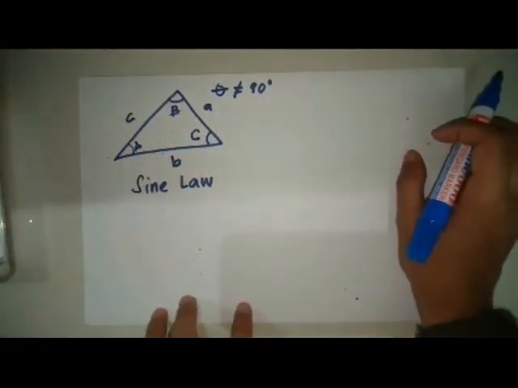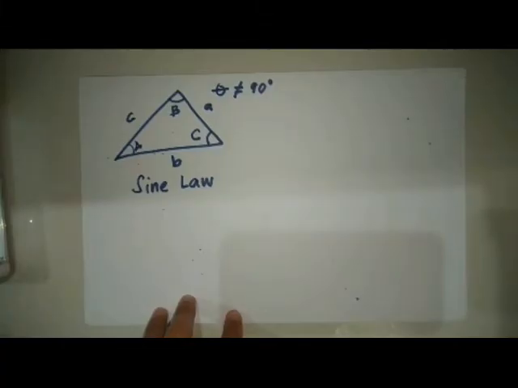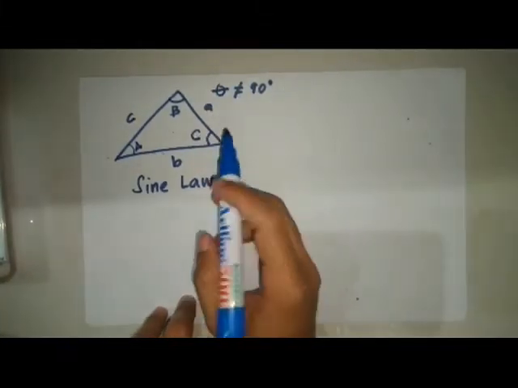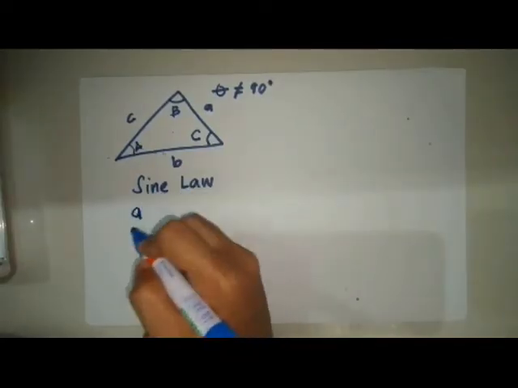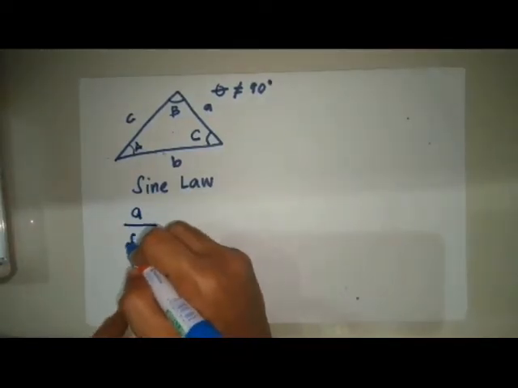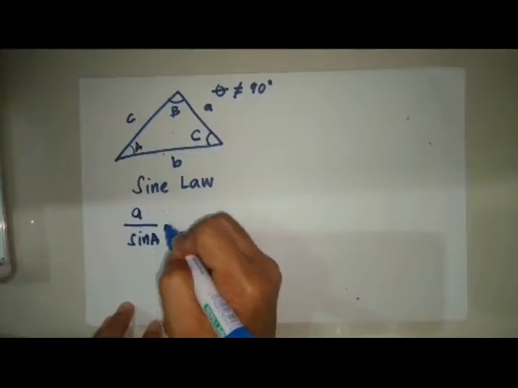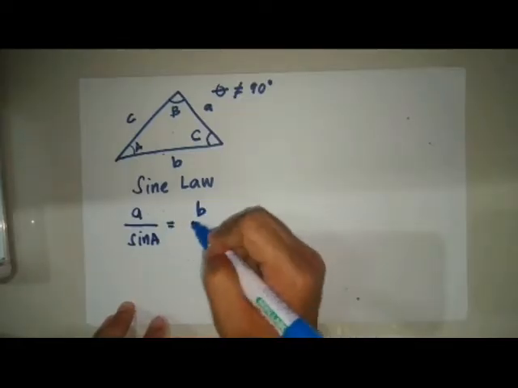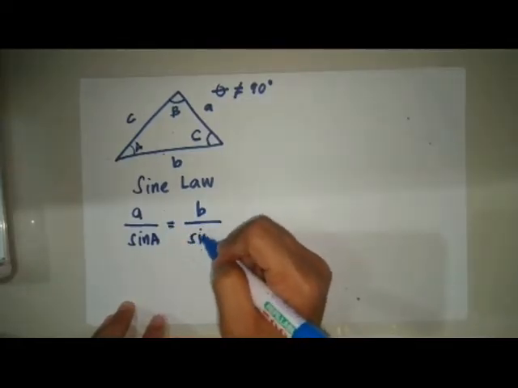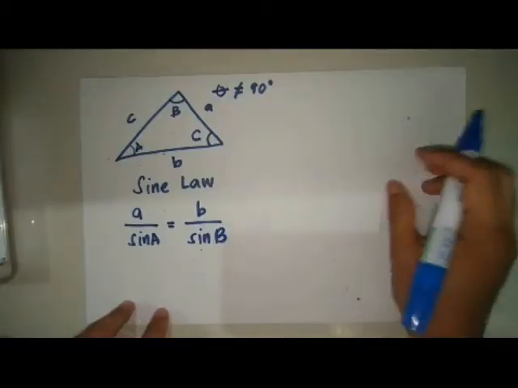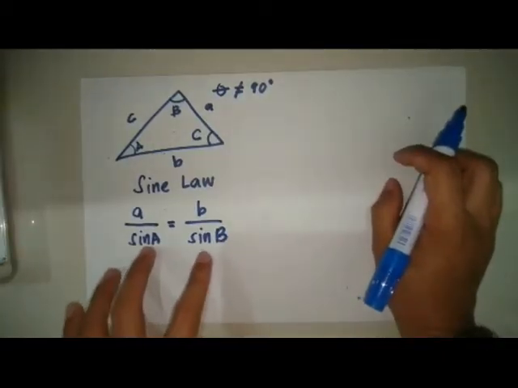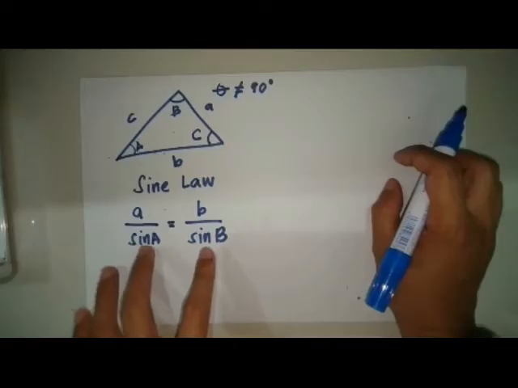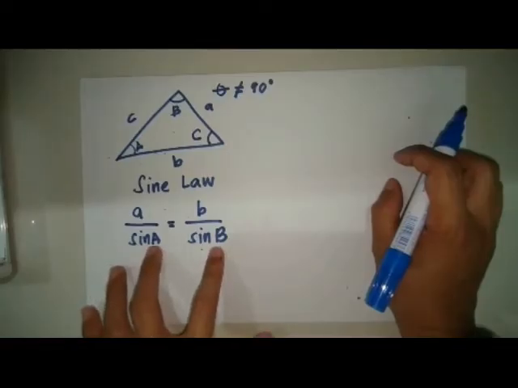For example, we have here, you can say that A all over sine A is equal to B all over sine B.